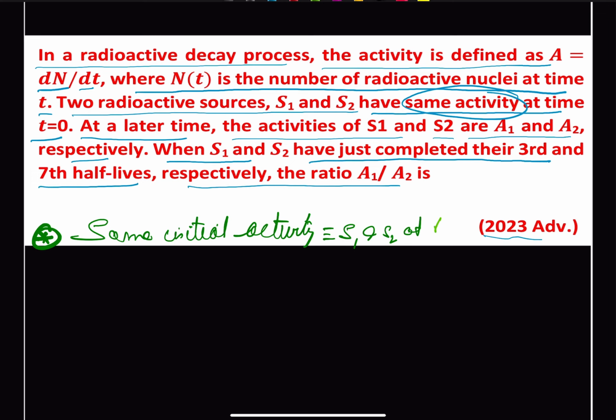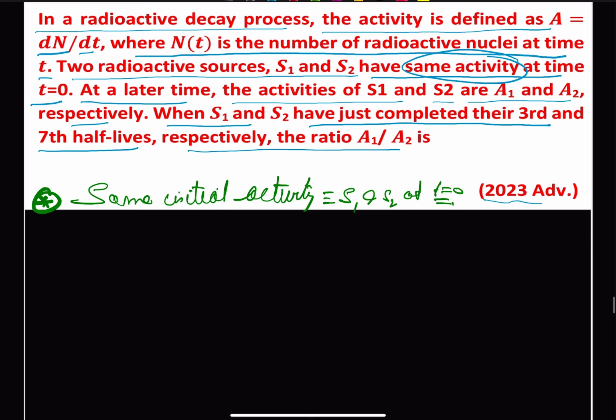Initial activity means at t is equal to 0, and it says that S1 completes 3 half-lives and S2 completes 7 half-lives.